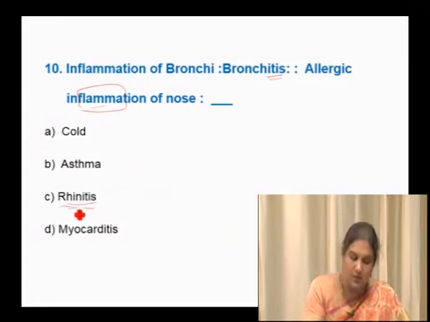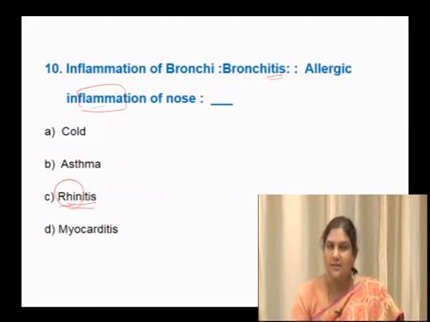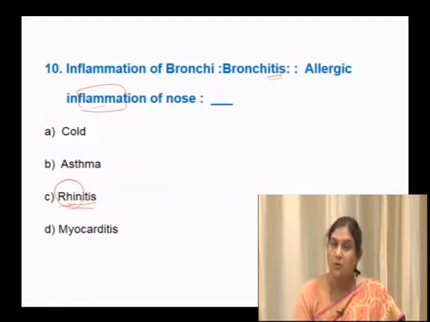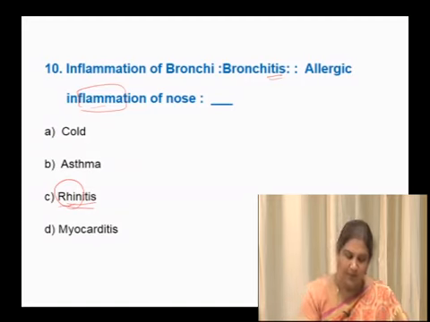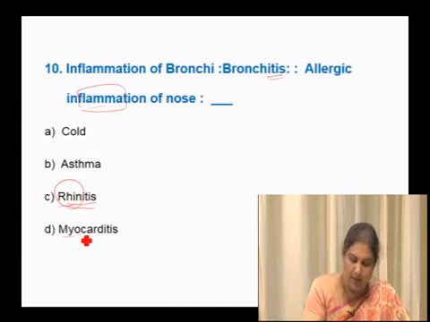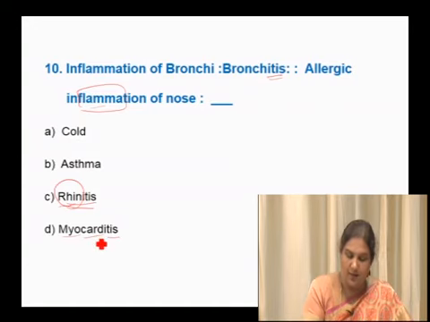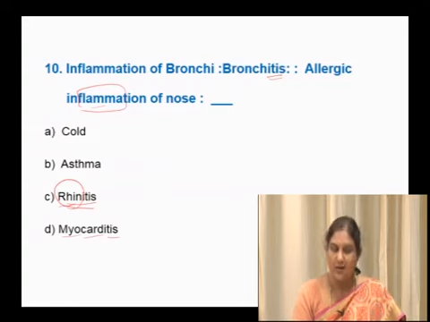Whenever we come across the word rhino, it is nose. Have you heard about rhinoceros? Rhino is nose and keros is nothing but horn. There is a horn over the nose of the rhinoceros, hence the name. We have the option here, myocarditis. Myo is muscle, cardia is heart, itis is inflammation.